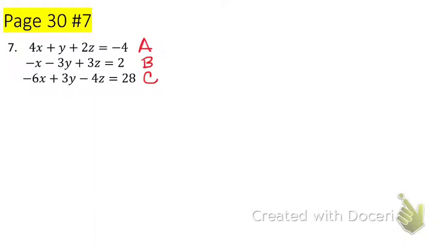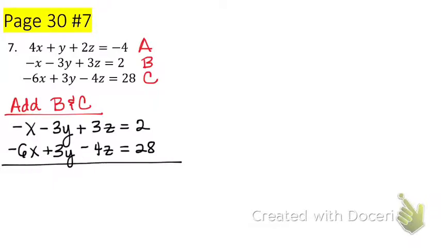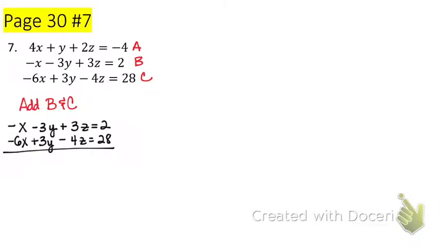So I want you to start off by adding equation B to C. So go ahead and do that. Add your equation B to equation C. So when I add these together, I get negative 7x.